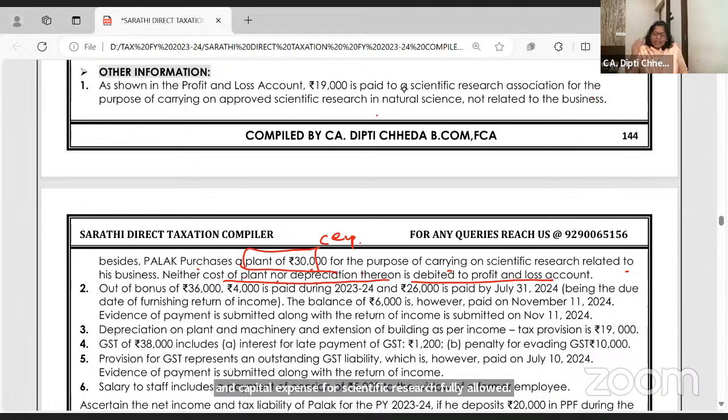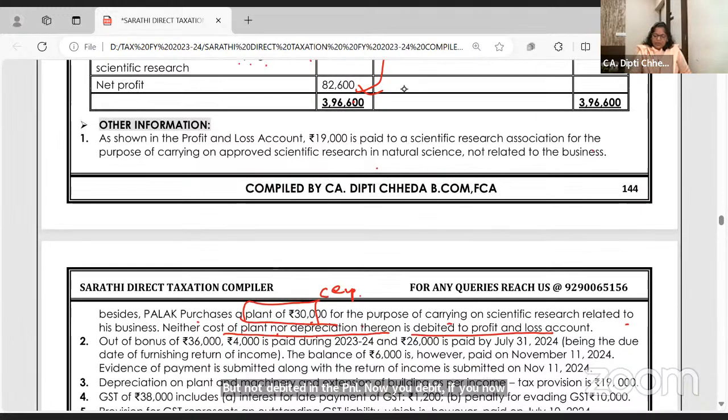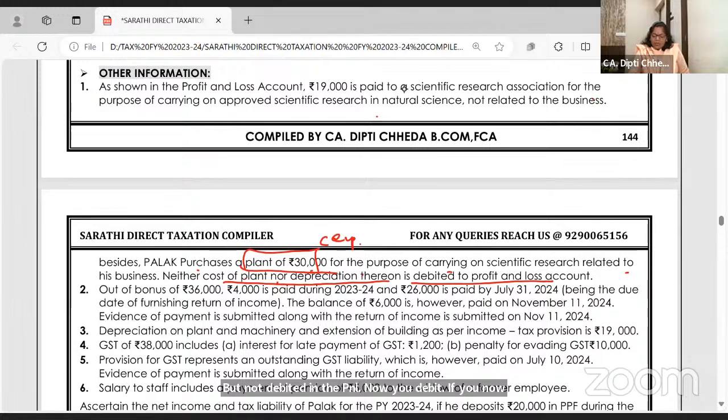So this plant's cost is fully allowed. They didn't debit. Expenses allowed, but not debited in the P&L. Now you debit. If you now debit, expense will increase, profit will reduce, so reduce it. But if the whole expenditure is allowed, will you again, excuse me, claim depreciation on the same?